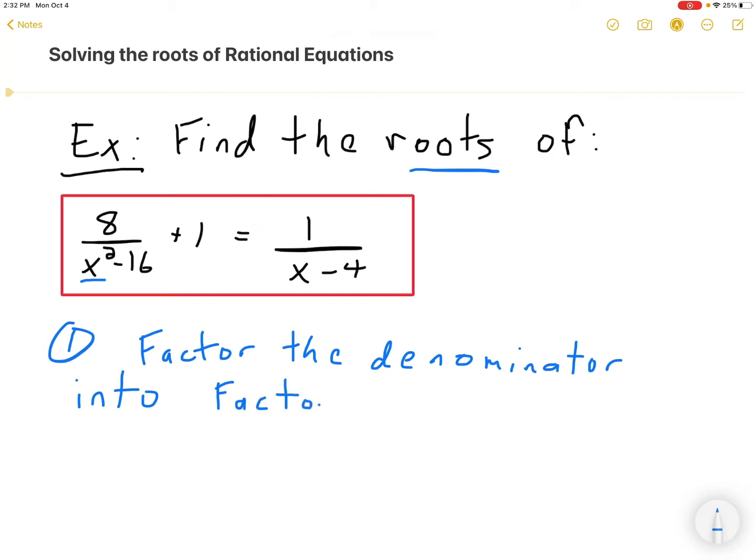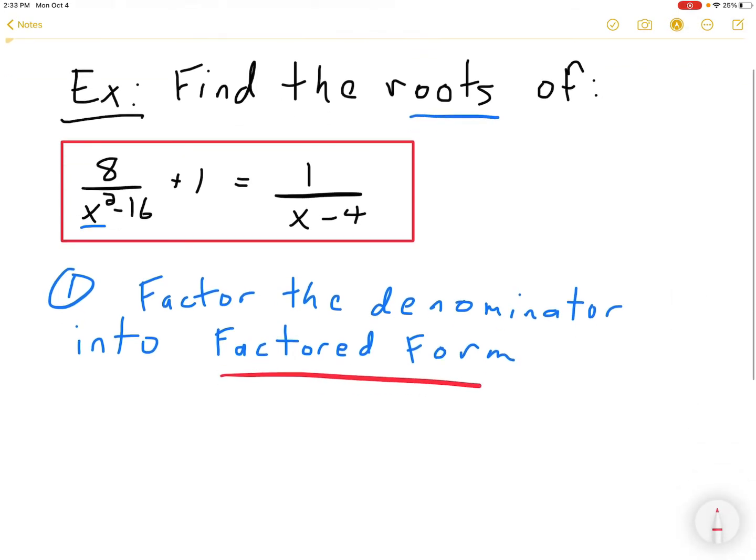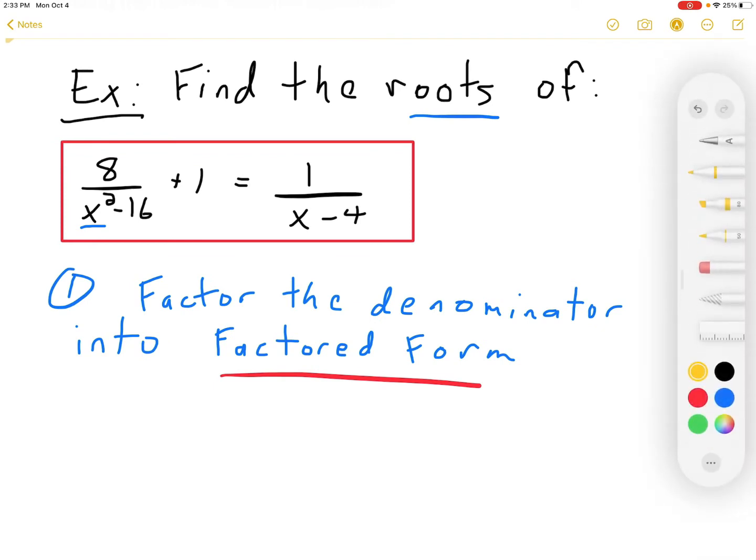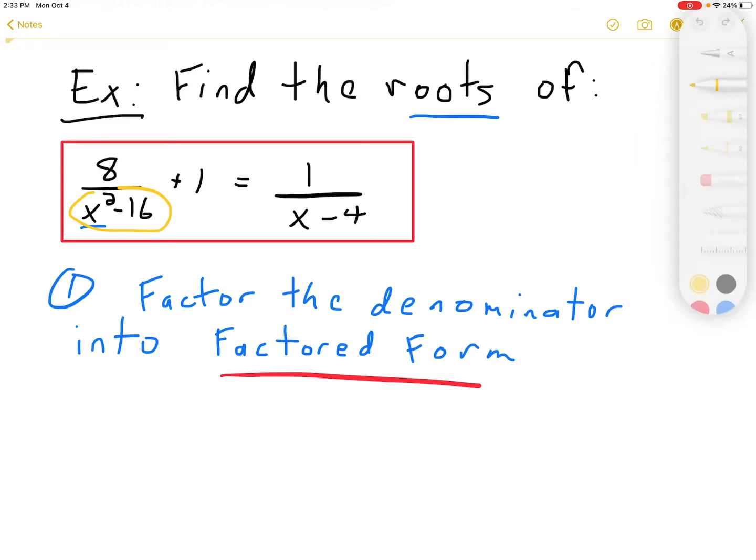So if there are any denominators that are not in factored form, we're going to get them into factored form by factoring them. In this question, and I'll highlight this in yellow, this one is not in factored form. This one technically could be. So we're going to factor that denominator and get it into factored form.